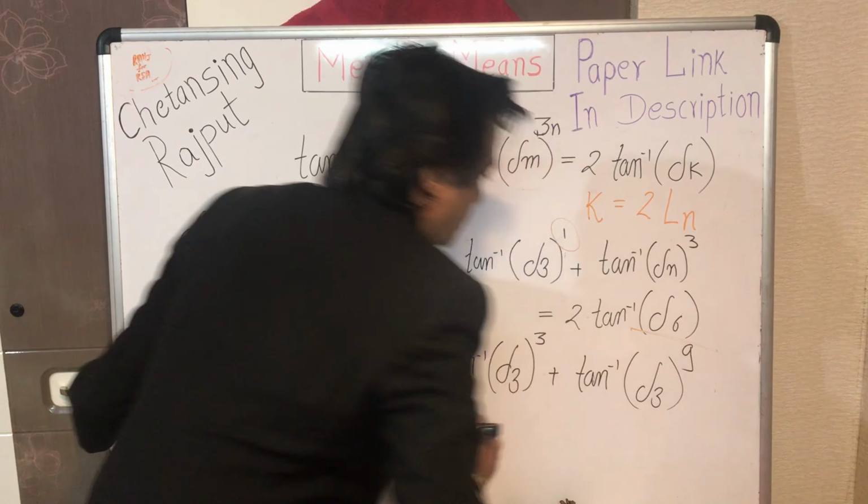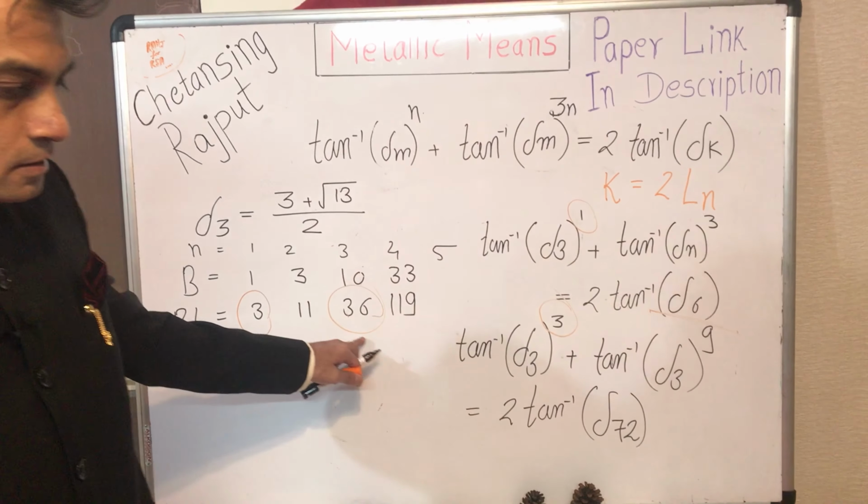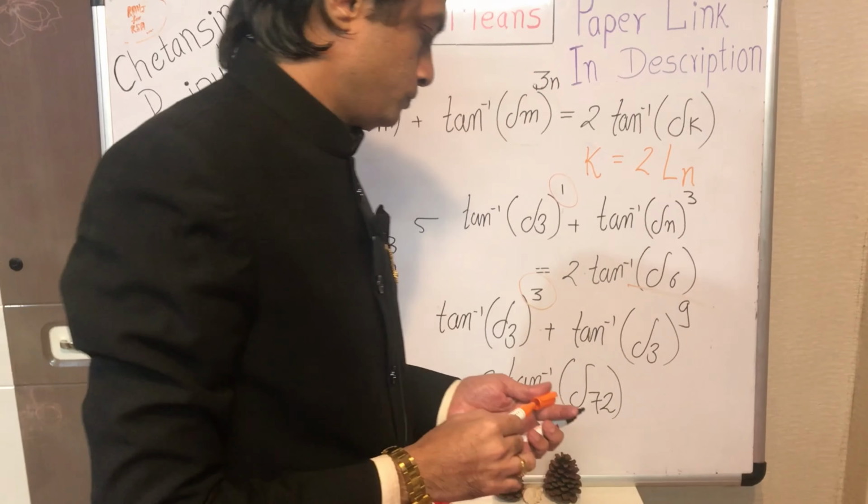Why the 72nd metallic ratio? The value of n here is 3. The third Lucas term is 36 and twice of that is 72.